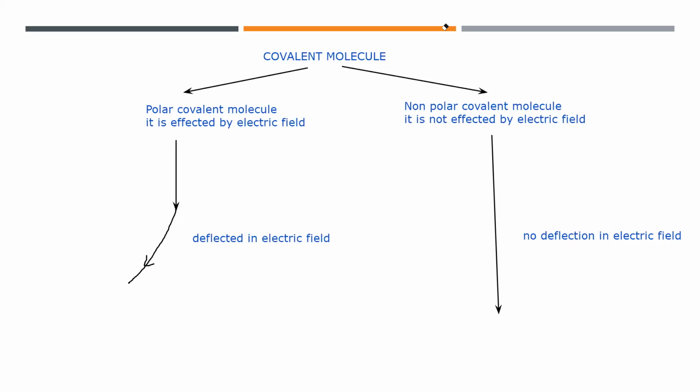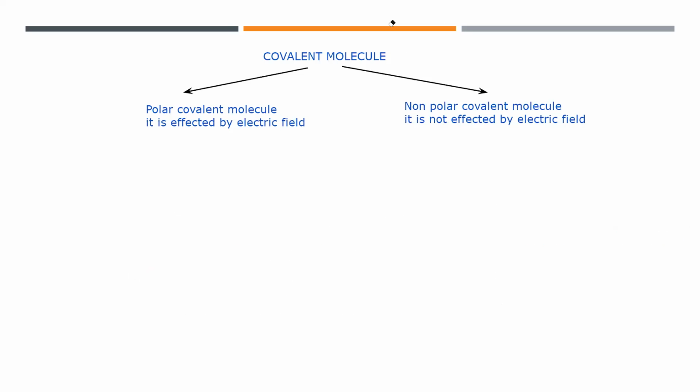But whether molecules are non-polar or polar depends on two things. Number one, the geometry or the shape of the molecule, as well as the number of atoms attached, or how many bonds are present. For example, if a molecule is polar, it will always contain polar bonds.